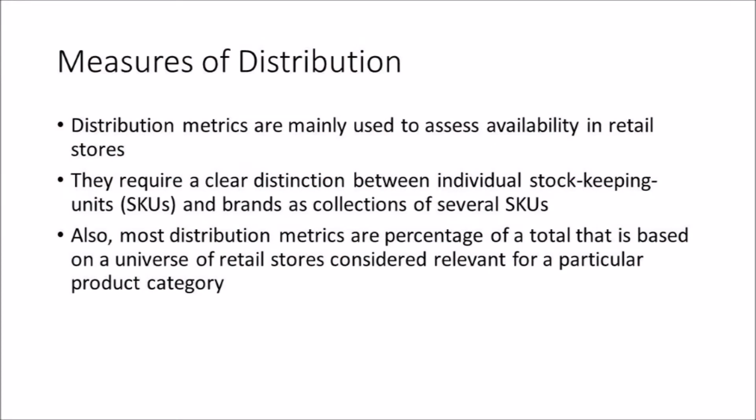Most of the market research companies that generate these metrics operate within a defined universe of retailers. Some of them would include drugstores and supermarkets and not convenience stores, whereas others might encompass convenience stores as well.